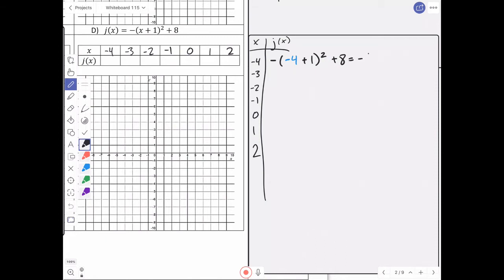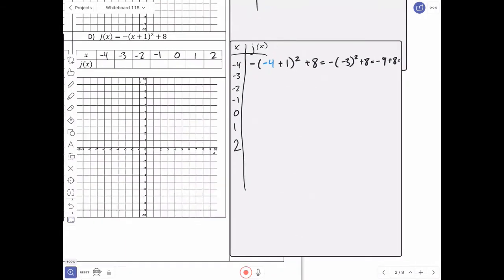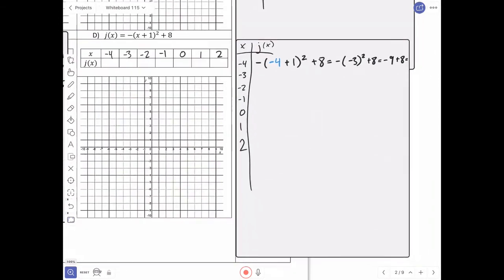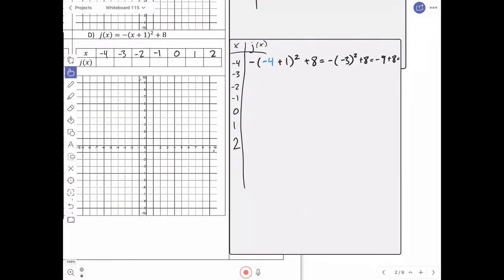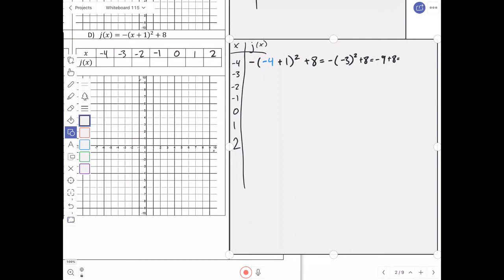Negative 4 plus 1 makes negative 3 squared plus 8, which is negative 3 squared is 9, negative 9 plus 8 is negative 1. So when I plug in negative 4, I get negative 1.